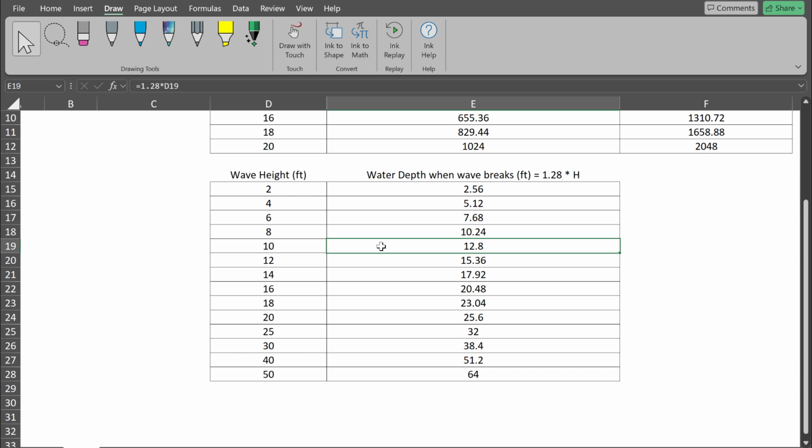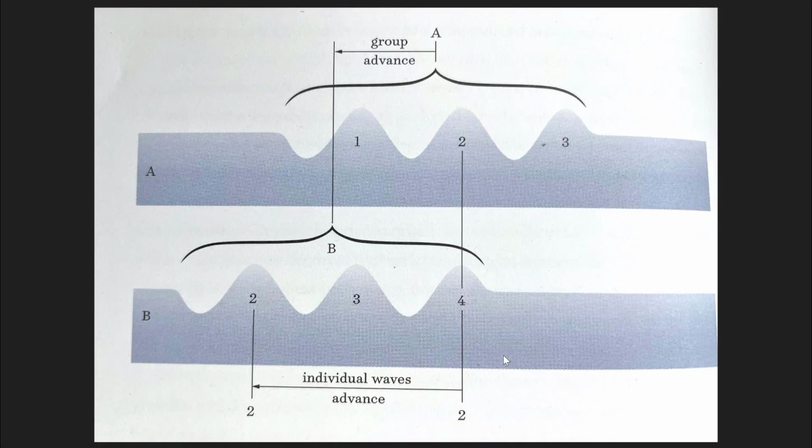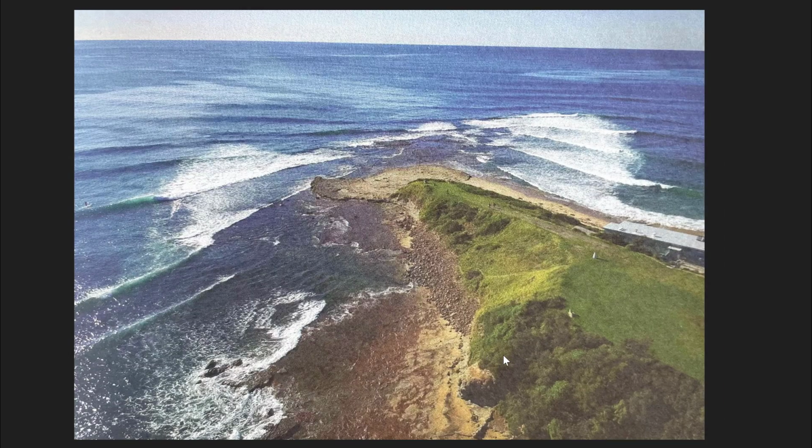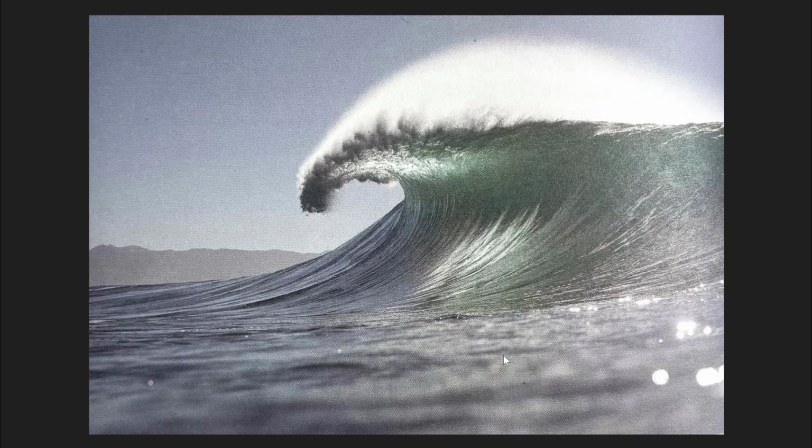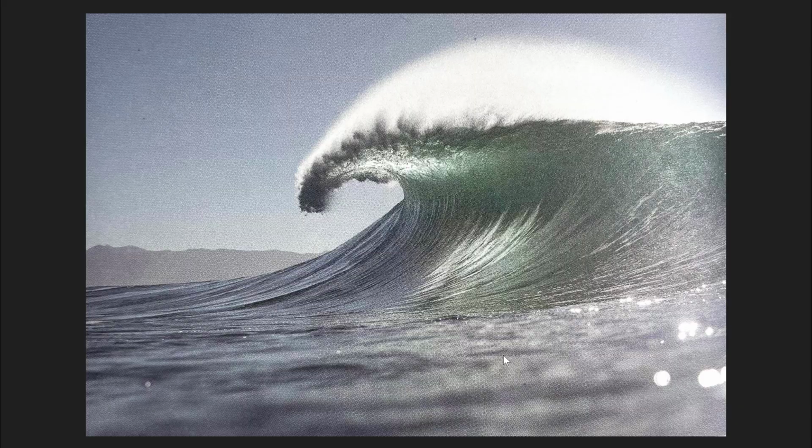Now, once the depth is met, the wave will begin to shoal. But the type of shoaling depends on how quickly that depth to height ratio is met and where the depth goes after the wave begins to shoal. So a crumbling wave or a tubing wave, right?